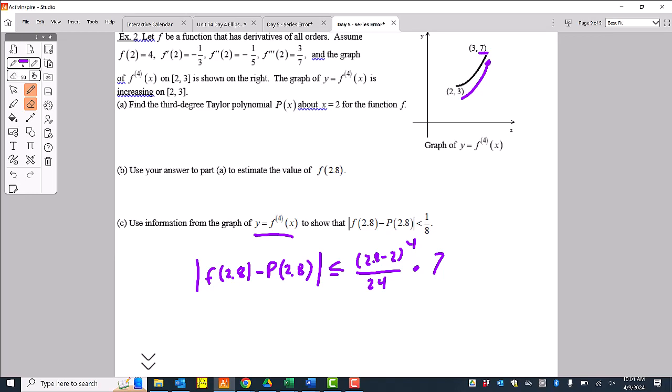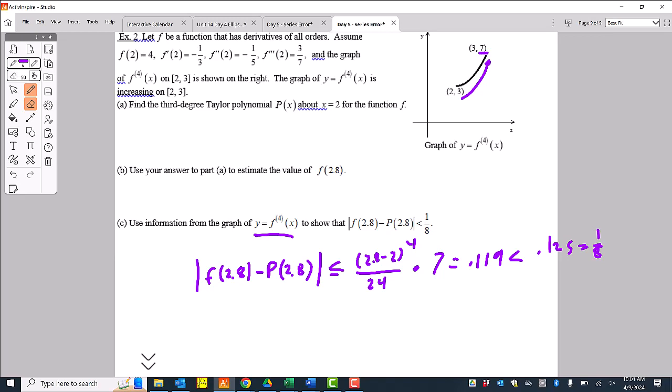If we simplify it down properly, we get 0.119, which is less than 1 over 8, which is 0.125.